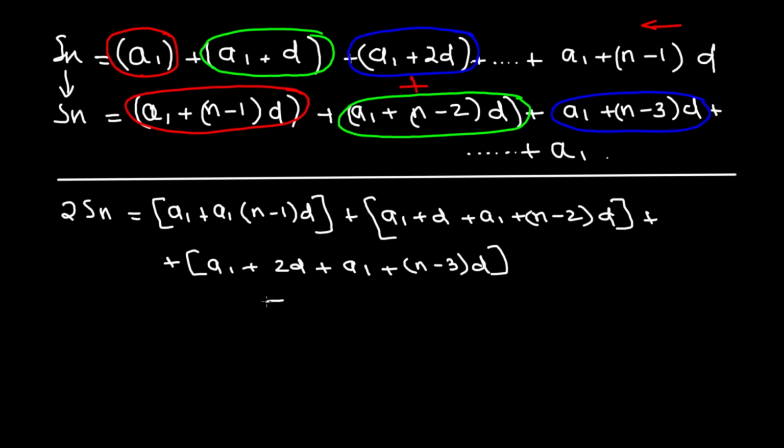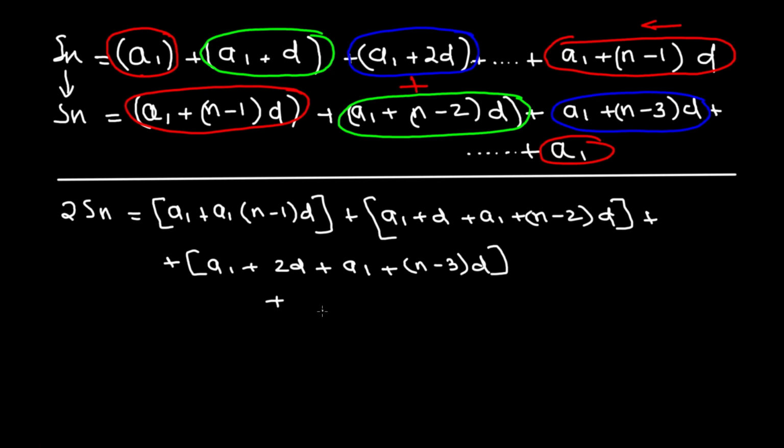Then we're going to add the last term. I'll highlight it with red again. So this is the last term, and that's the first term. So we add those two. Remember, one is descending, one is ascending.